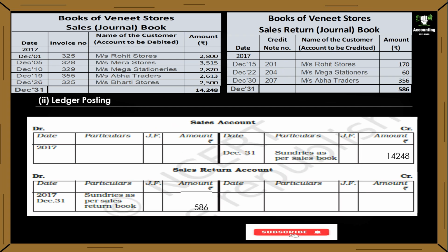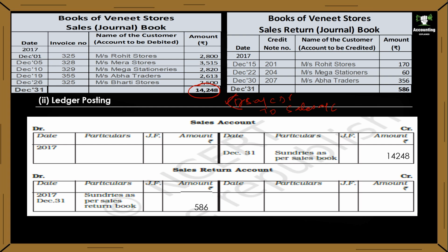Next is doing the ledger posting in the sales account and sales return account. The amount of the sales journal book is how much? 14,248. What is the entry for credit sales? Debtors account debit, sales account credit. Since it is the sales journal book, in the ledger we will not write by debtors.